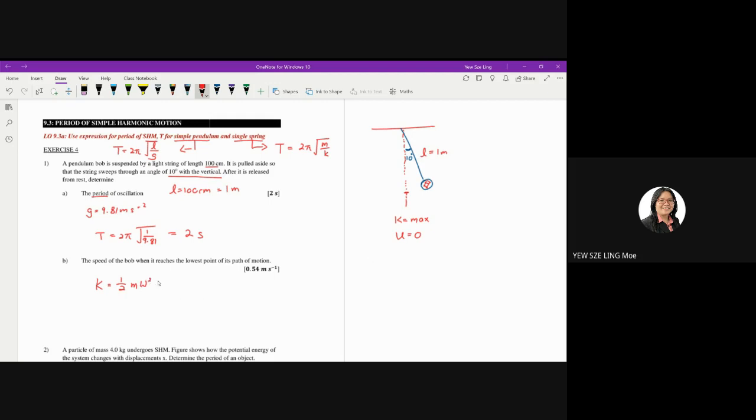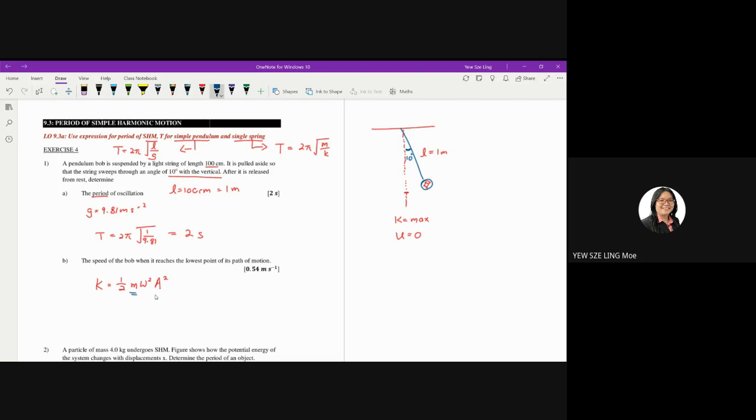Well, obviously we cannot, because I don't have the mass. Mass is missing, which means we cannot solve it by using this equation.